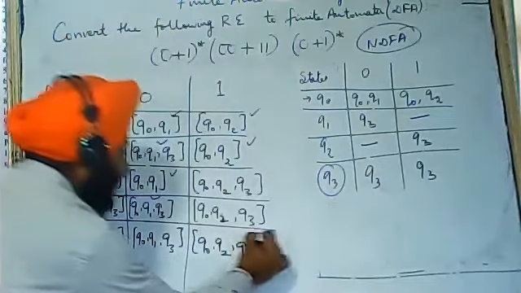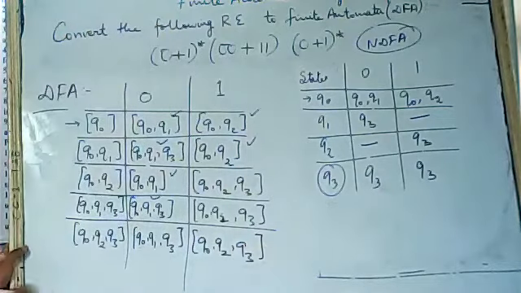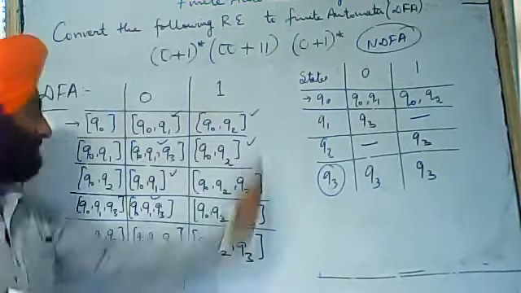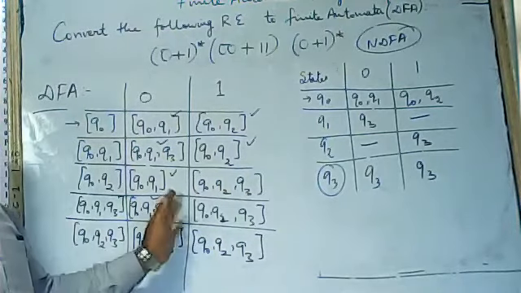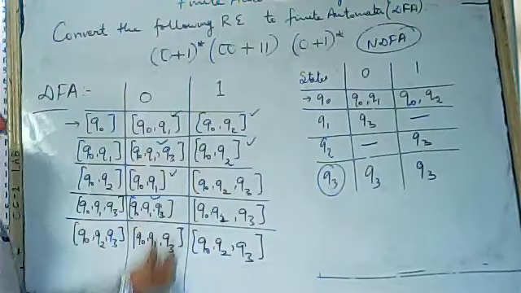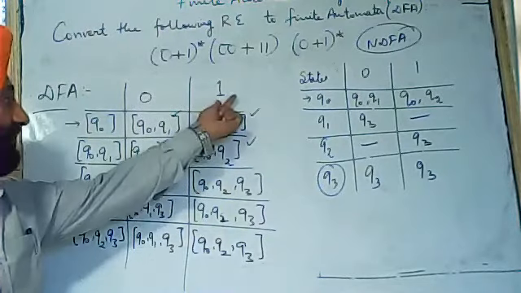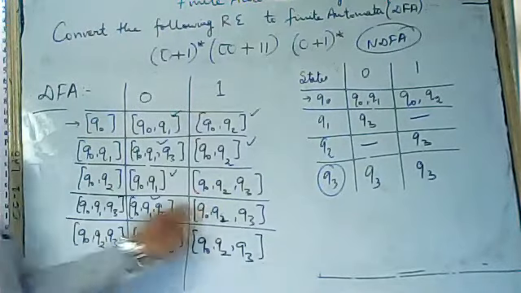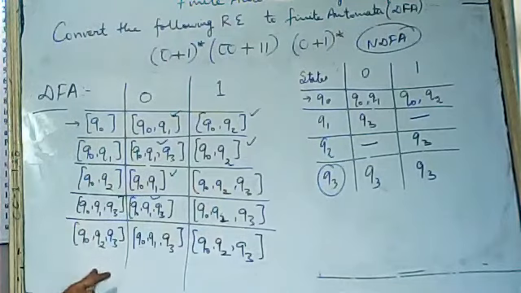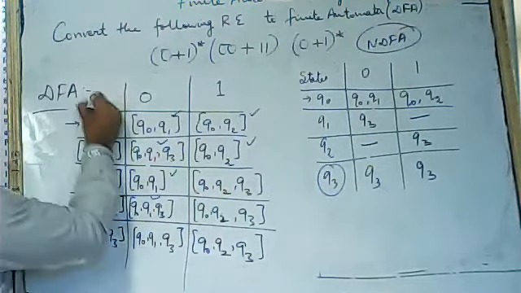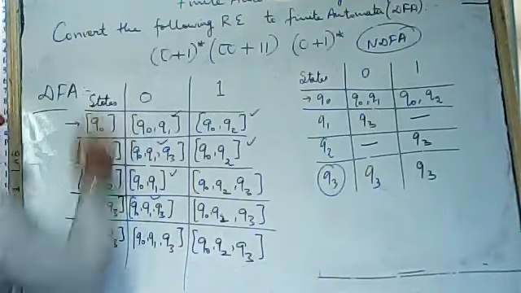No need to repeat it. So here you can see that all the states which have been written under the 0 column and the 1 input column have been written here once. So your table has been completed.